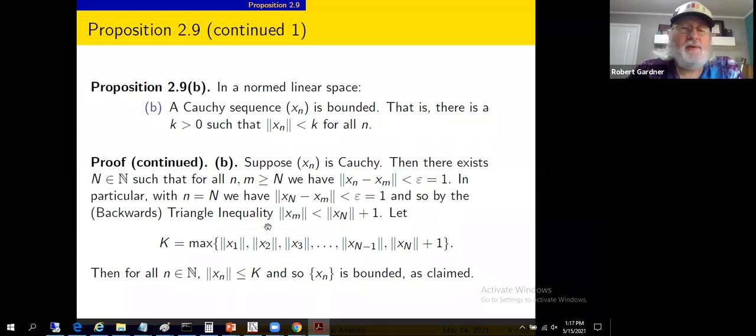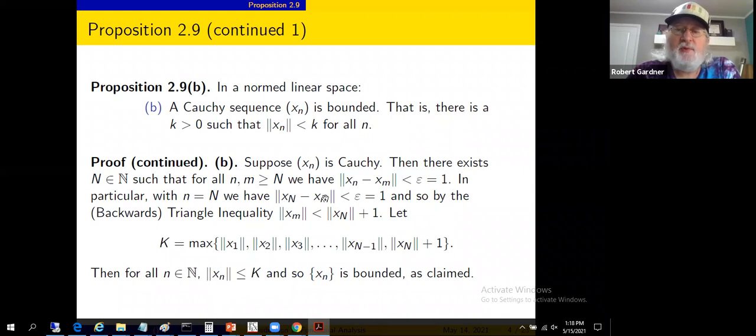So by the triangle inequality, really the backwards triangle inequality, I've never heard it called that before, but this book called attention to the backwards triangle inequality a few sections ago when we were first introduced to norms. We can get a bound here: the difference of the norms, norm of x sub m minus norm of x sub capital N, is less than the norm of the difference.